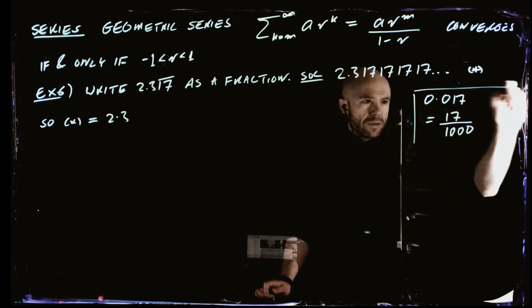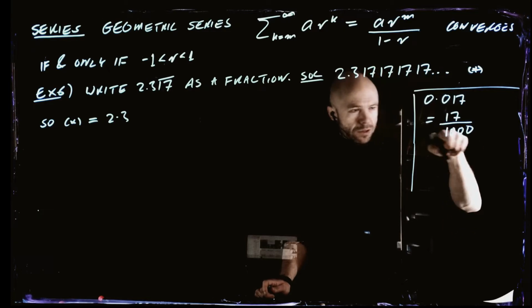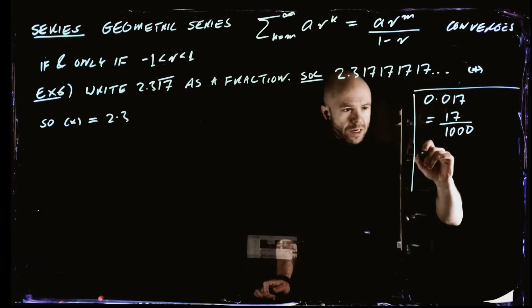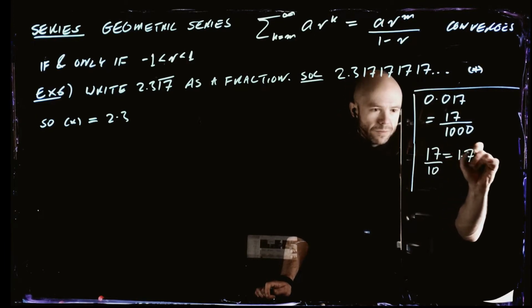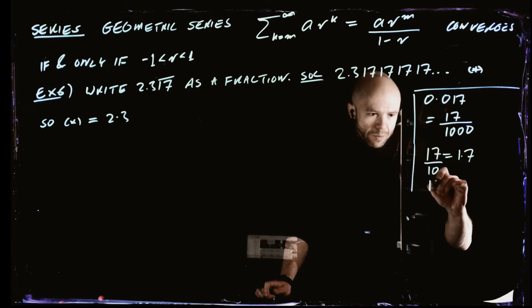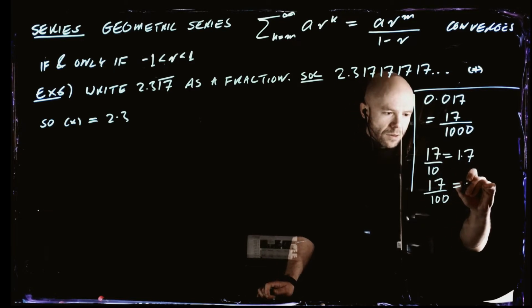Put this somewhere over here. So you could just figure out what you have to divide it by just by trying things. If we just divide it by 10, that's like 1.7, that's no good. If we divide it by 100, that is 0.17. That's no good.